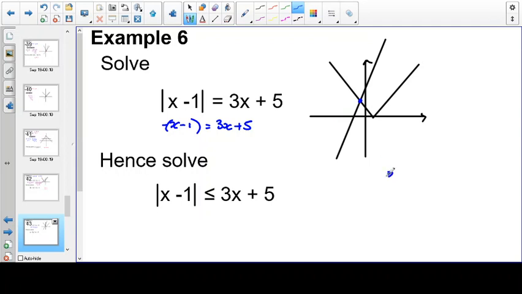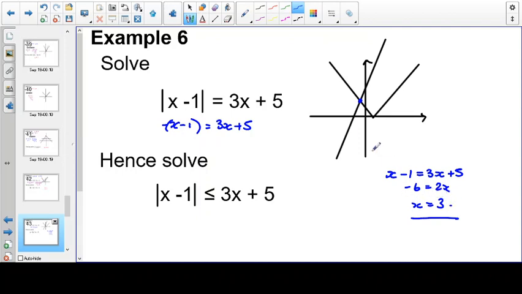Okay, there is a solution if you just took the positive version. That's the positive version of that line with that line gives a solution, x equals 3.